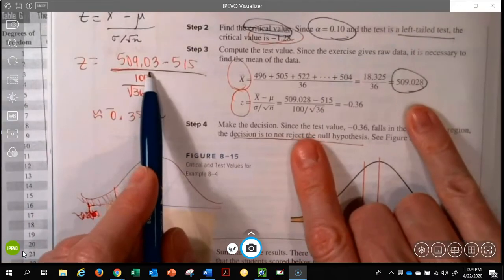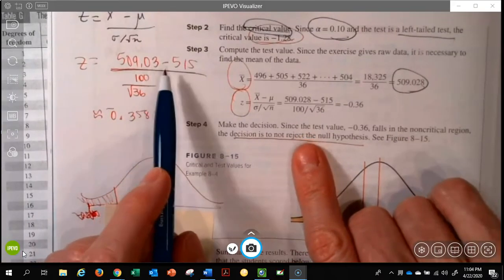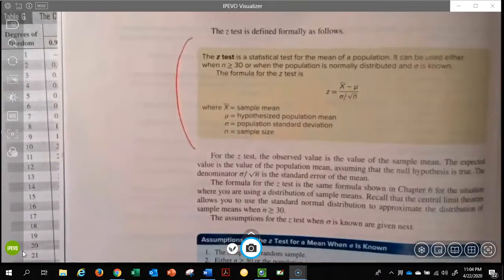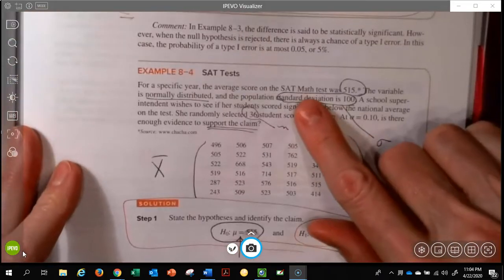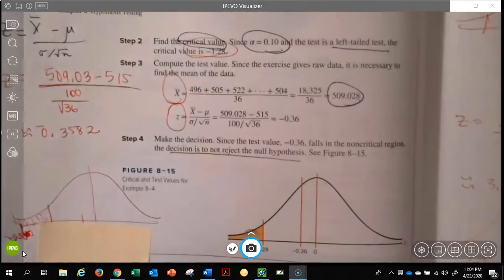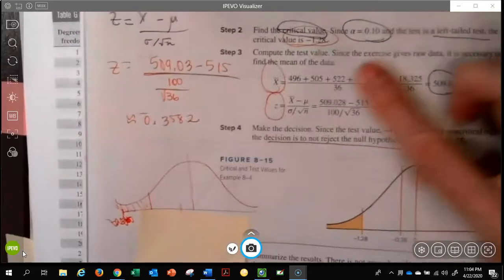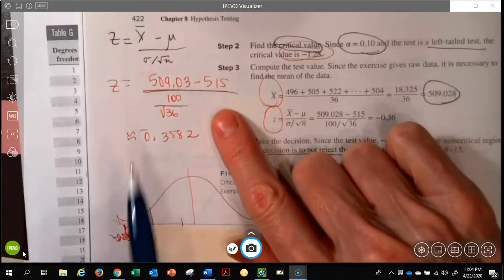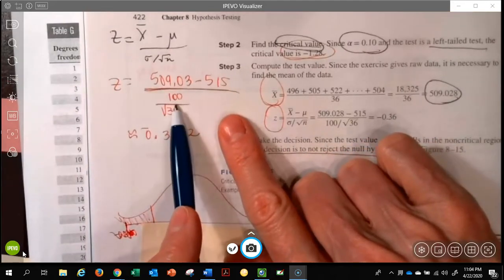So I put it in, rounded to 0.03, minus my mu, this population mean. When I go back over here, the national mean is 515. So in place of the population mean, I'm going to put 515. I'm going to divide that by my sigma.